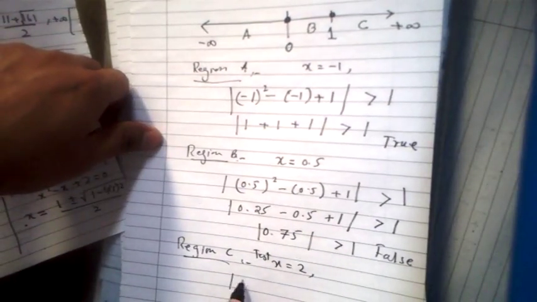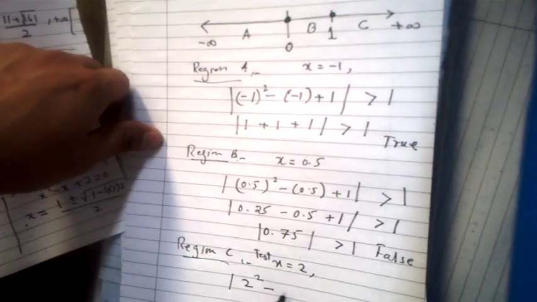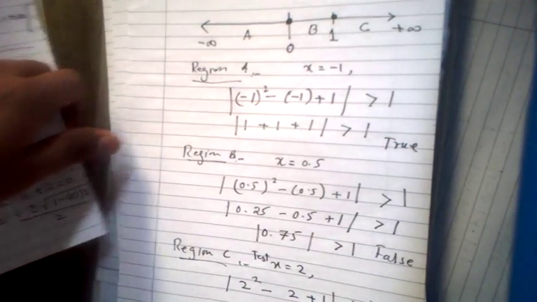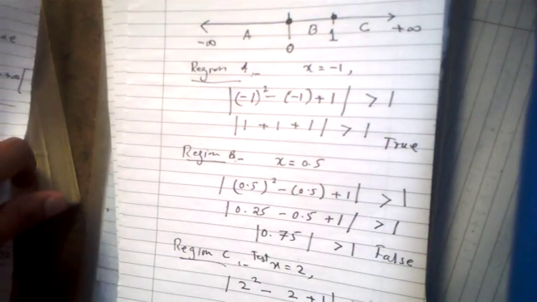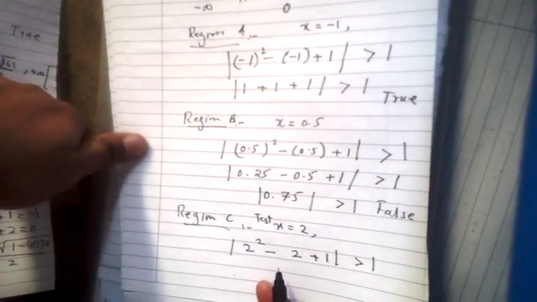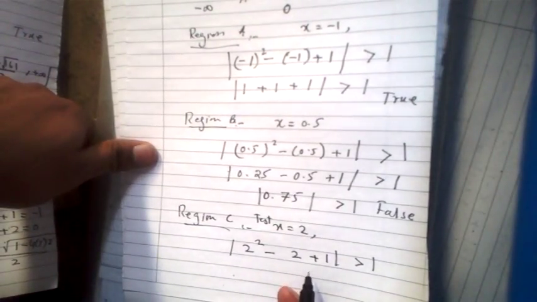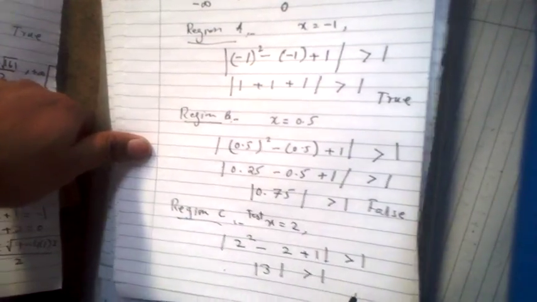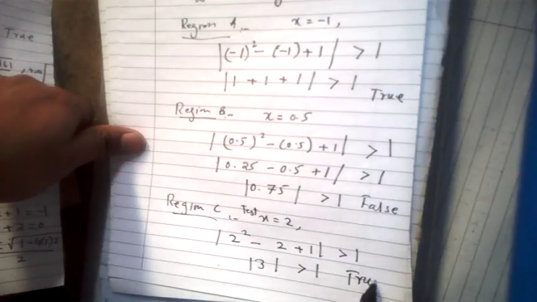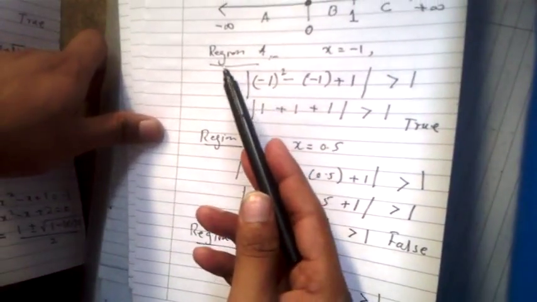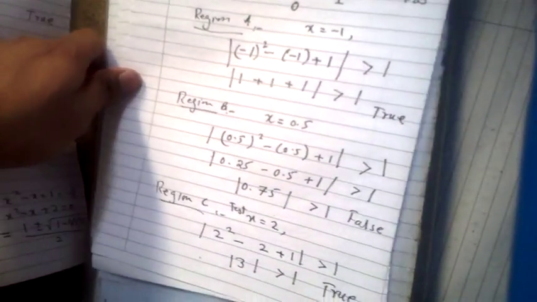So you will get 2 square minus 2 plus 1 is greater than 1. 2 square minus 2 is equal to 4 minus 2, 2, sorry 2 plus 1, that is 3. Absolute value of 3 is greater than 1, and yes, it is also true. So two regions are in the solution, that is region A and region C.